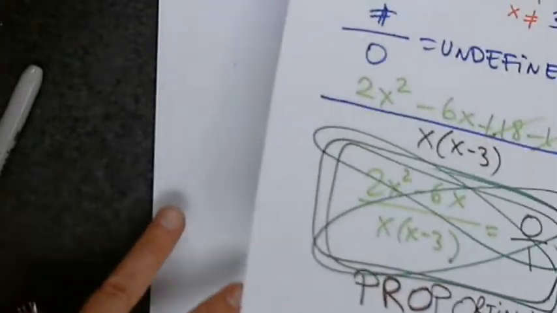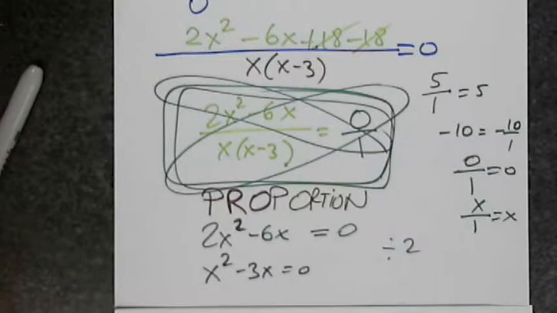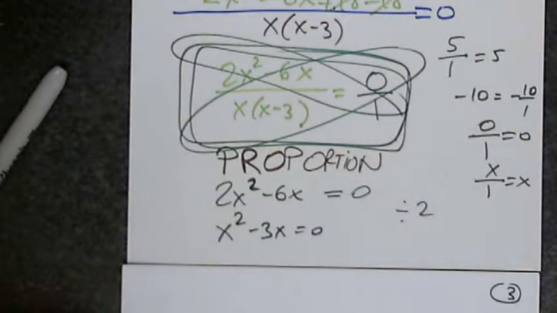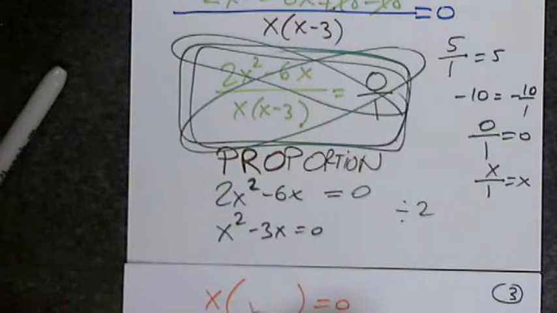And now I know how to solve this. How? Factor out what? Exactly. What is left? Good.